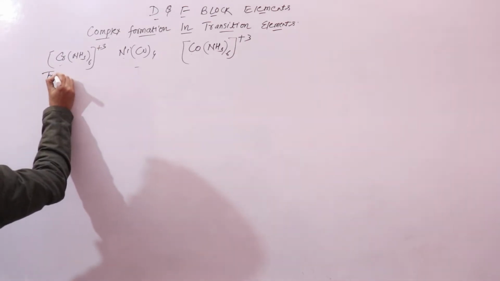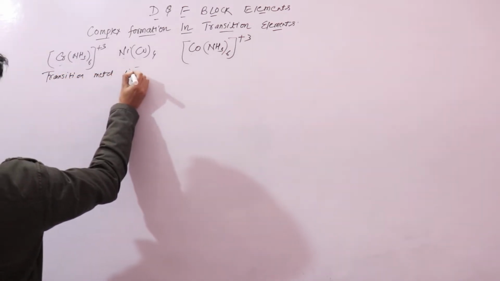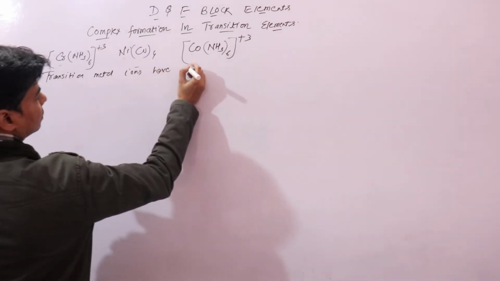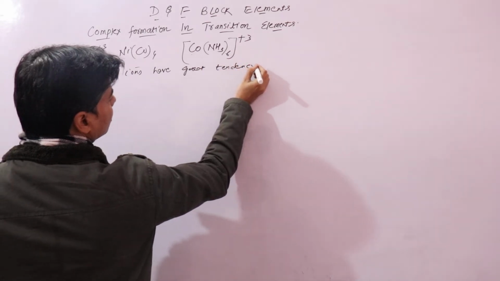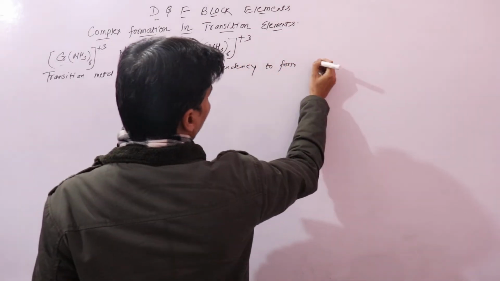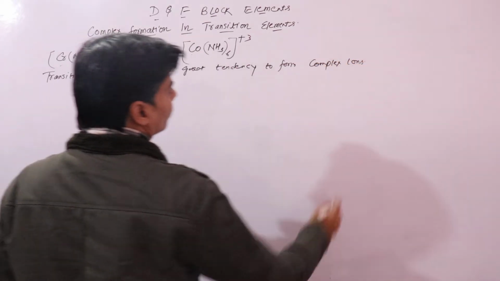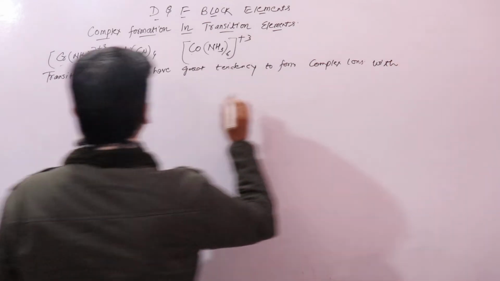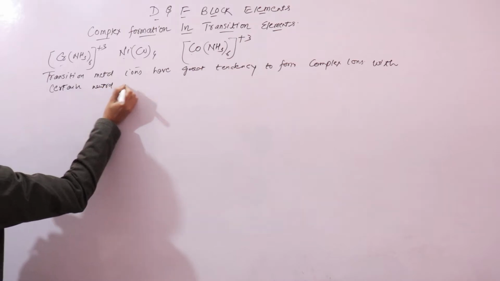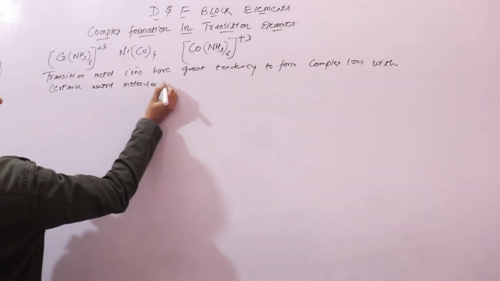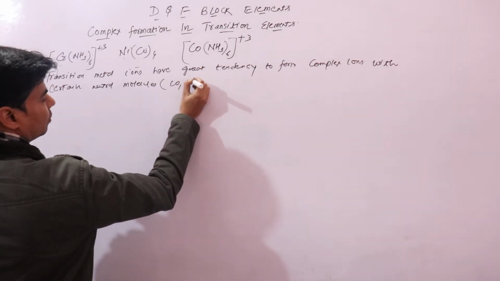So let's write it over here. Transition metal ions, right, have great tendency to form complex ions with certain neutral molecules, like carbon monoxide and ammonia.